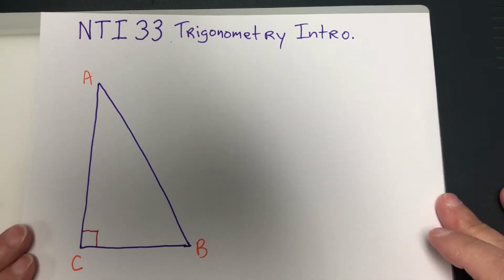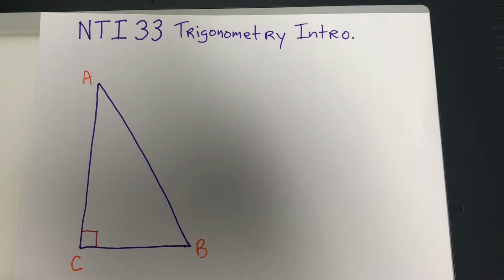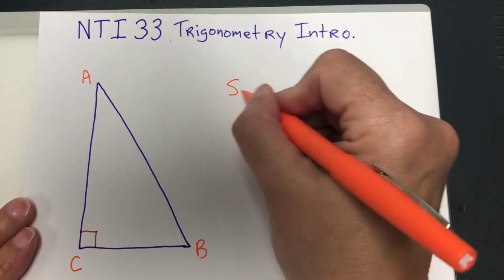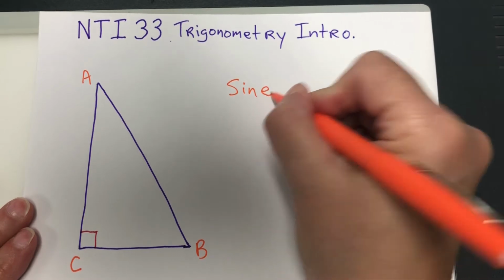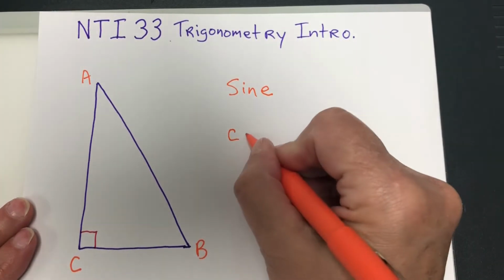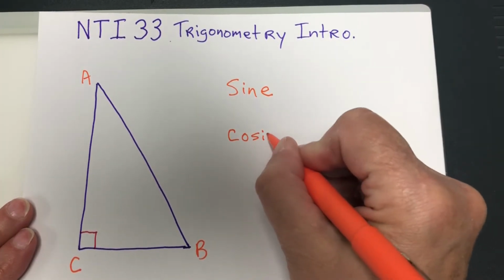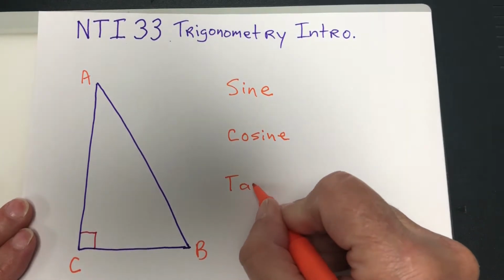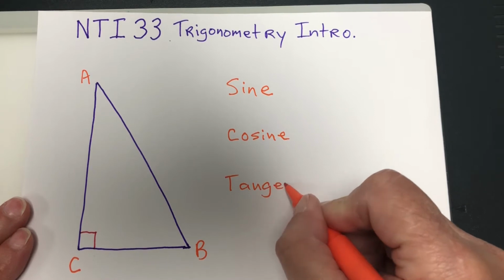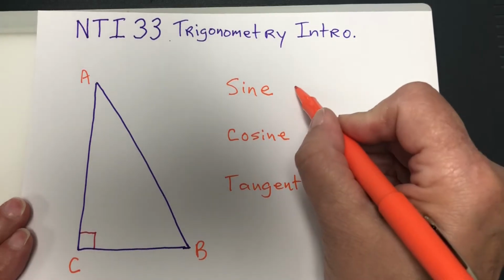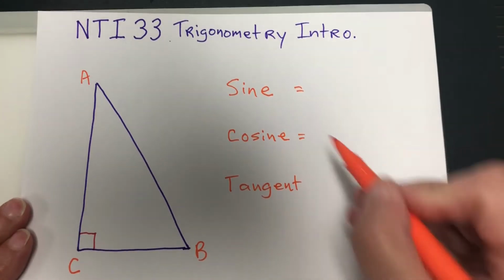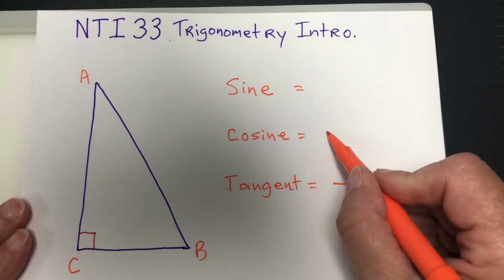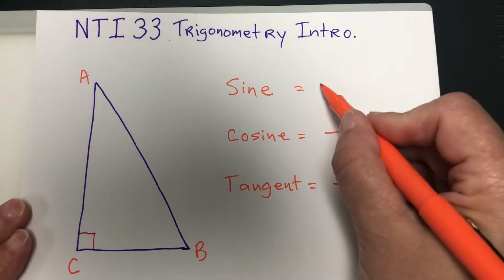These are ratios, three trig ratios. They are sine, cosine, and tangent. Now, we typically abbreviate those, and we will do that in just a little bit.